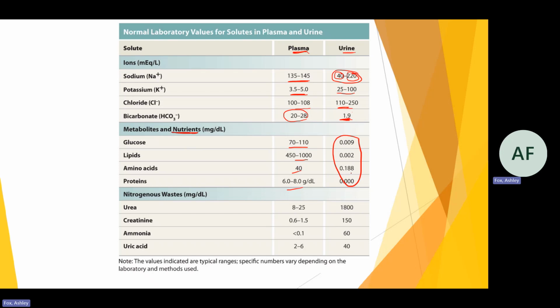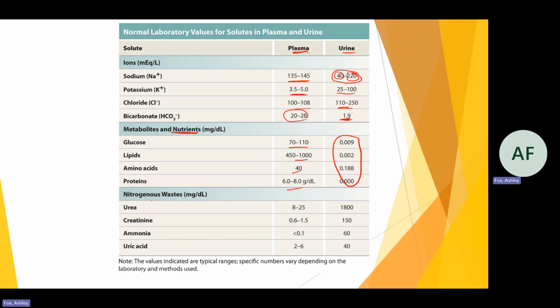So if they do go into the filtrate, we're going to reabsorb them because we want to keep them in our body and use them inside our cells. So it's not always just circulating. We can push things into our cell. Remember insulin pushing glucose into the cell. So we can use it.